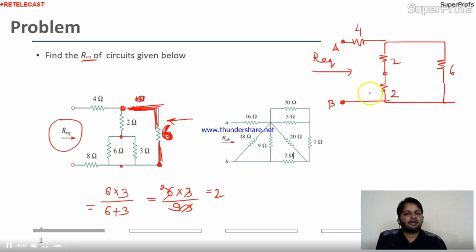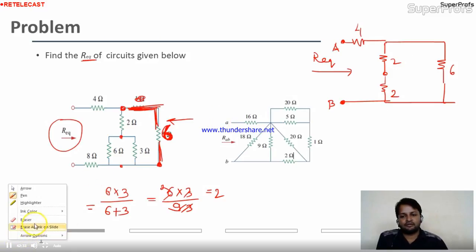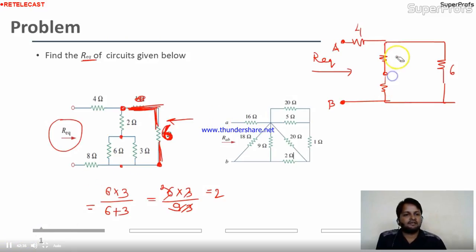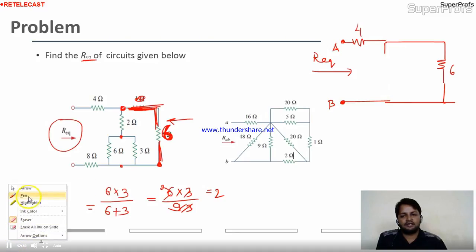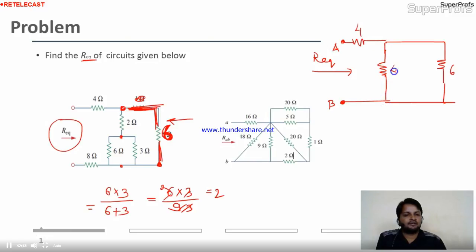Okay. Now again we can resolve this. This 2 and 2 are connected in series combination. So 2 plus 2, the resultant will become 4. So wait a minute, I'll erase this. I'll take a resultant. This is the resultant, and the resultant value is 4 ohm.